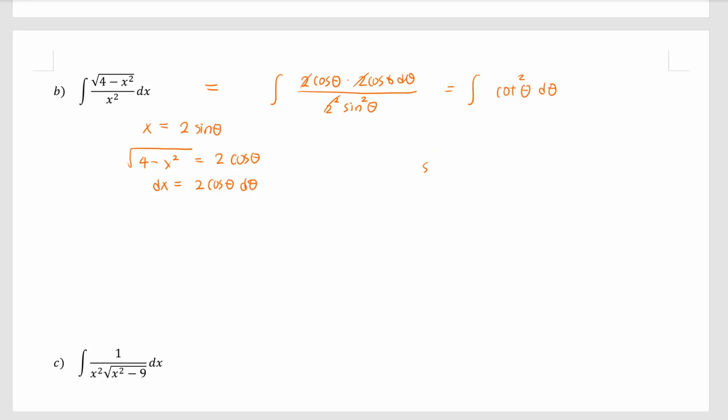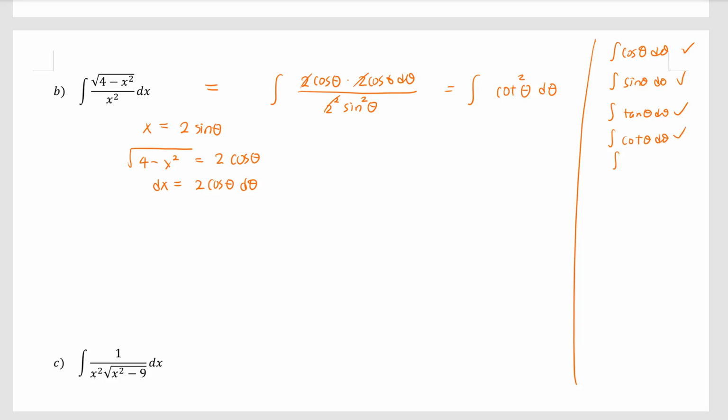Cotangent squared, can we integrate cotangent squared? This is the place where you need to be familiar with the formulas. Let's check our list. Do you know the integral of cosine? Yes. Do you know how to integrate sine? Yes. Tangent? Yes. And cotangent? Yes, we just learned it last class.